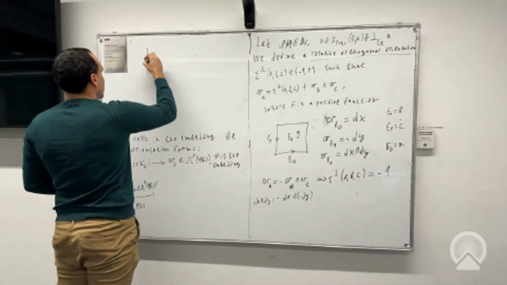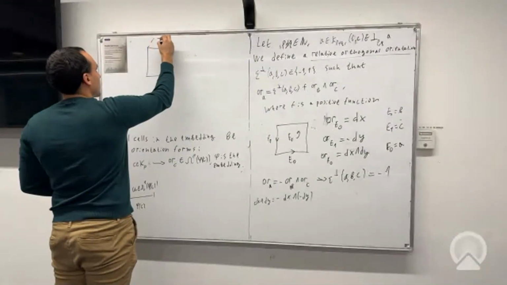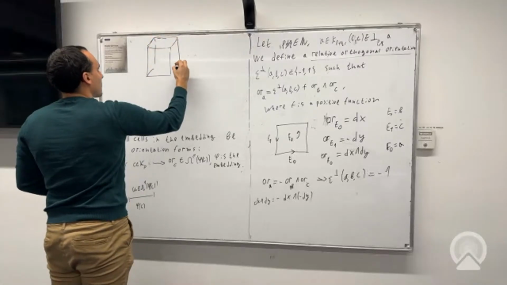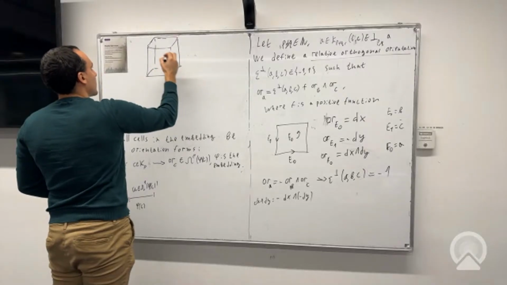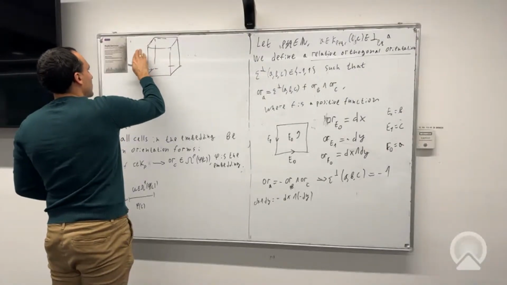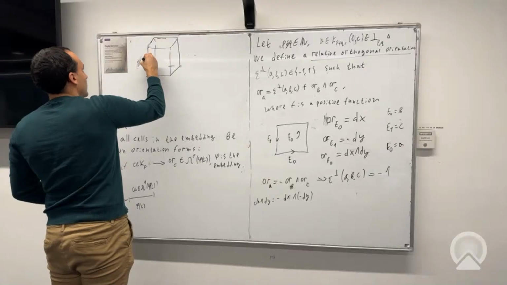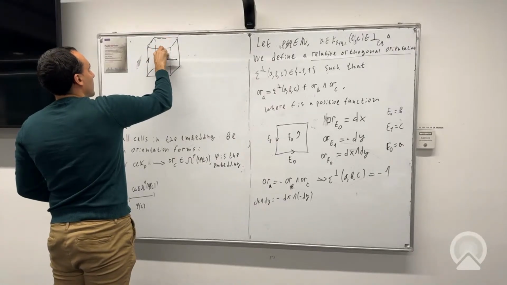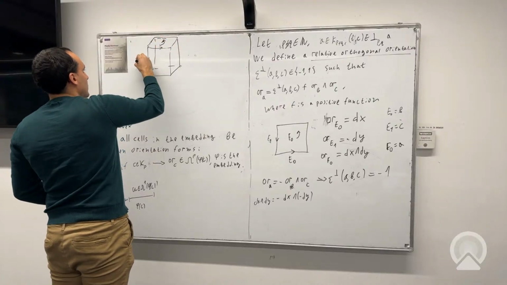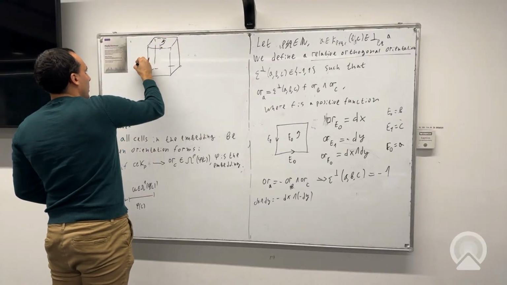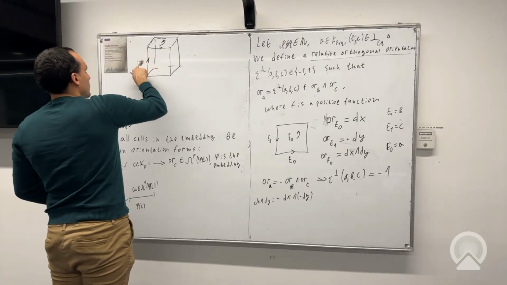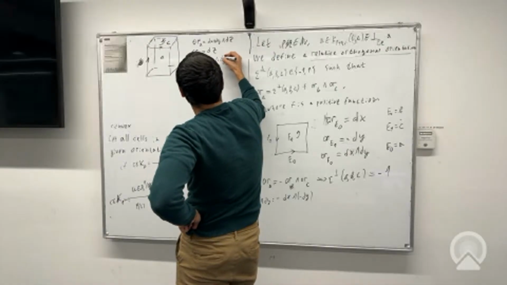Now let's give a trivial example. I have something here. So I will call this I don't know what is the right orientation, but B, this will be C, and the whole volume will be A. So orientation is dx wedge dy.